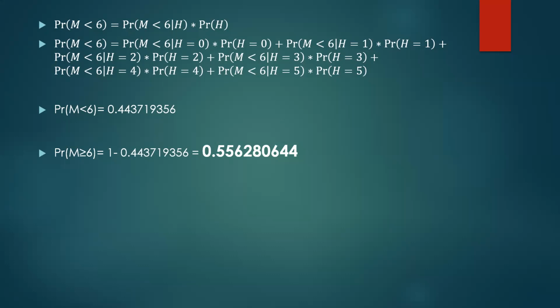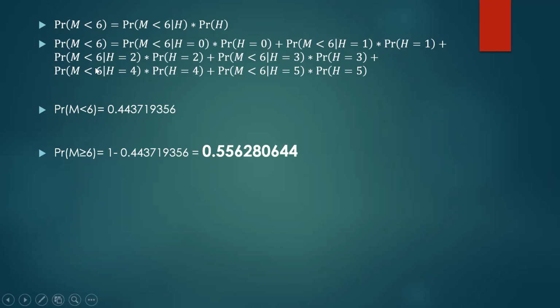We expand it since the number of hurricanes is from 0 to 5. So the probability of M less than 6 equals the probability of landfall less than 6 given that hurricanes equal 0, times the probability of hurricanes equal 0, plus the probability of landfall less than 6 given hurricanes equal 1, times the probability of hurricanes equal 1, and so on until hurricanes equal 5, from 1 to 2, 3, 4, 5.